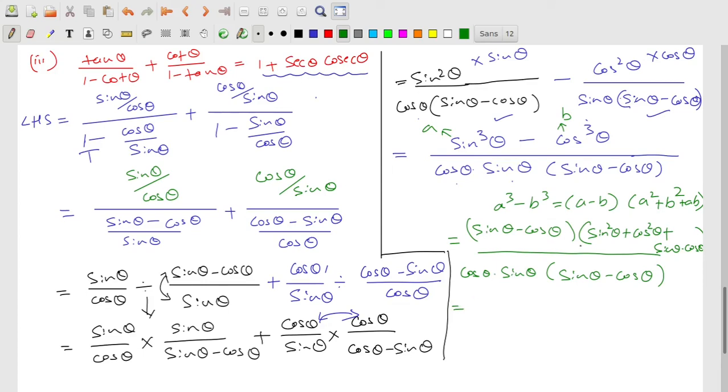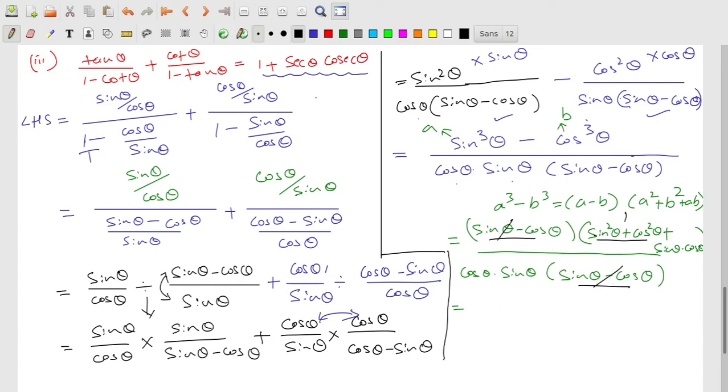See here, now you need to use the trigonometric identity. What is sine square plus cos square? That is 1. So I will replace sine square plus cos square with 1. See here, sine theta minus cos theta appears in both numerator and denominator. These two expressions are the same, so just cancel them out.